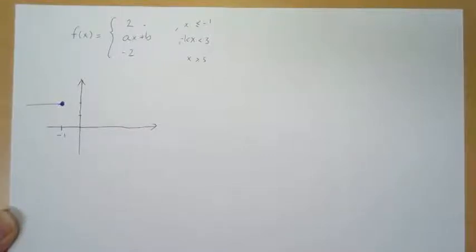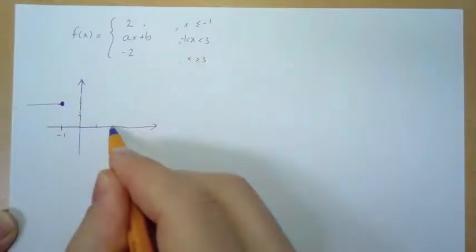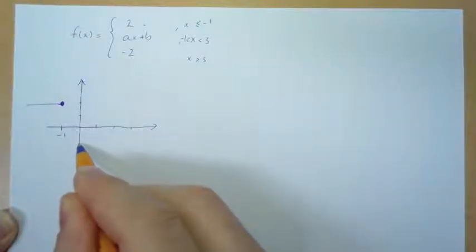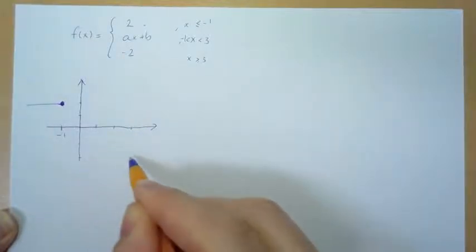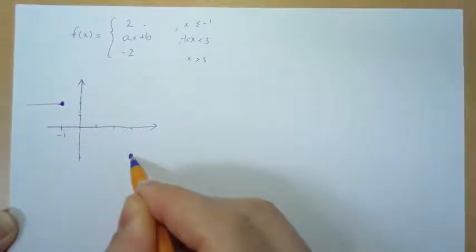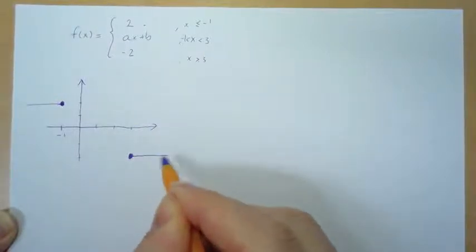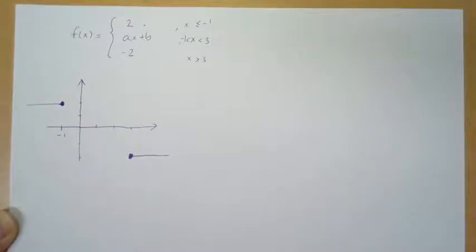And now the third rule tells us that if x is greater or equal to 3, f of x is -2. So 1, 2, 3, -1, -2. From here on with a full dot as well, because x is also equal to 3.